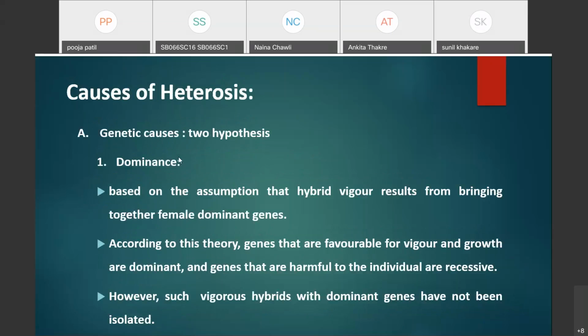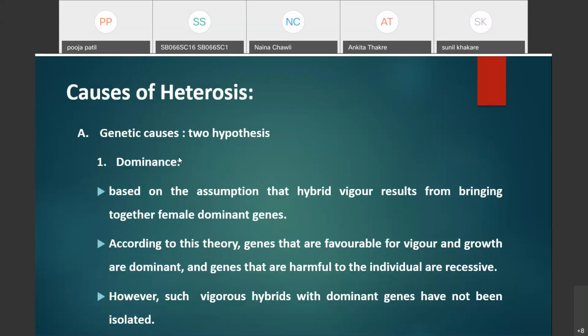Now the causes of heterosis. There are different causes of heterosis, which are divided into two parts: the genetic causes and the physiological causes.